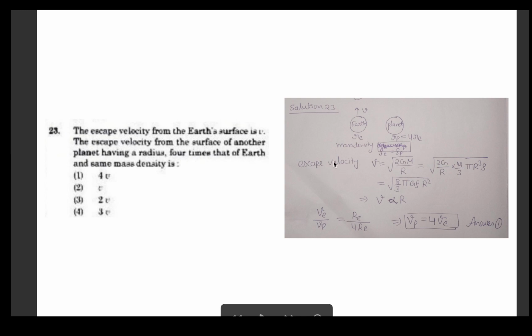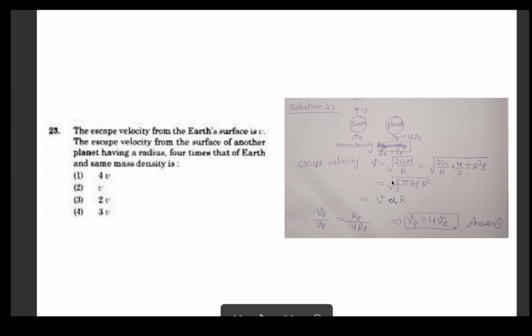We know the formula of escape velocity, v equal to square root of 2GM by R. We can write mass in terms of density as density into volume, so 4 by 3 pi R cube. When we solve these terms, 2 is constant, G is constant, 4 is constant, 3 is constant, pi is constant, and the mass density is the same.